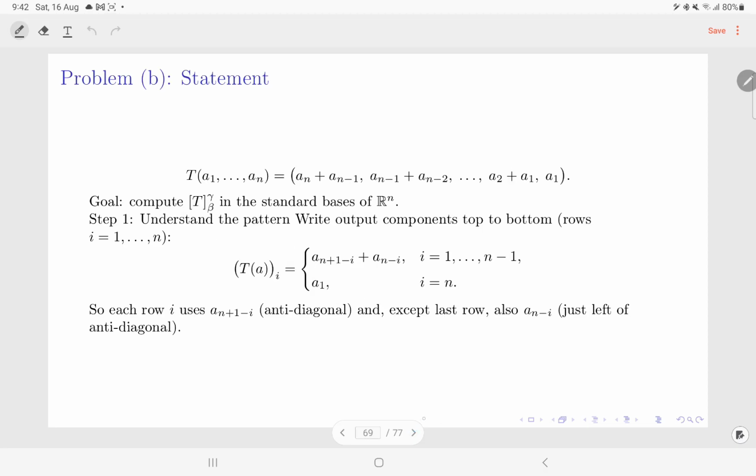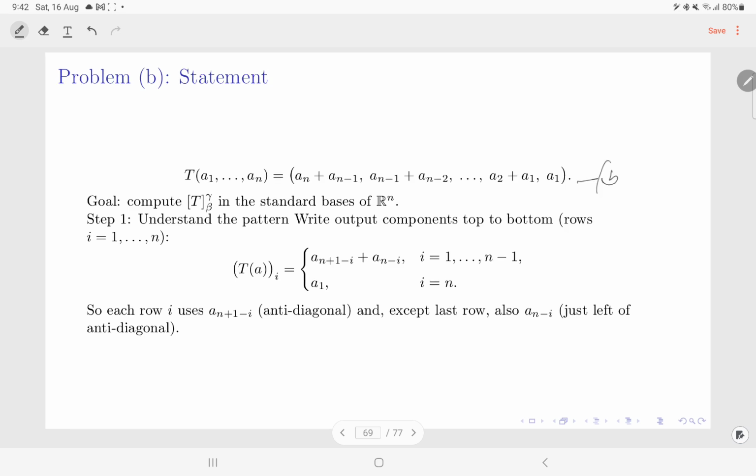Now this is your second part, where the transformation B is given. In your question this was missing, but you can make sense of it like A n minus 2 plus A n minus 3 and so on.